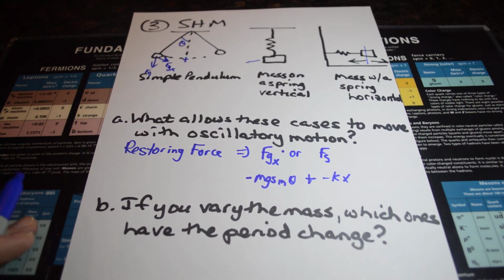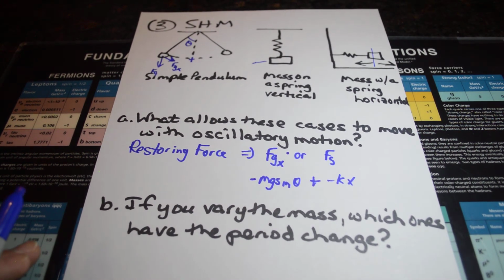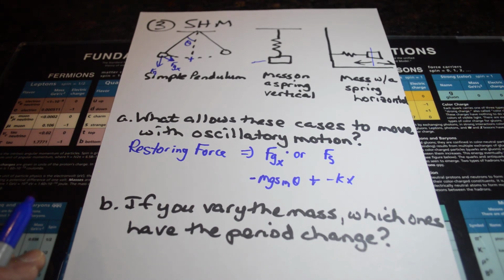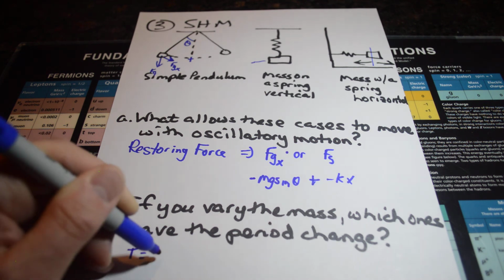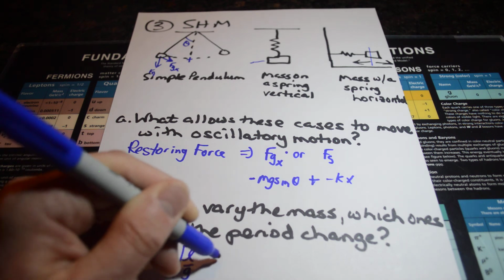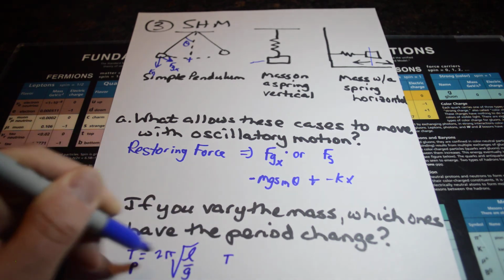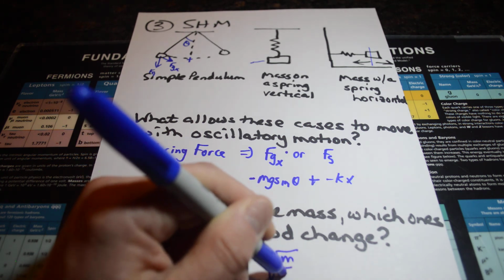The last question says, if you vary the mass, which ones of these have period change? Well, it turns out that the period involves the mass for one of these 2 cases. For a pendulum, it's 2 pi square root of L over g, but for a spring, it's 2 pi times the square root of m over k.